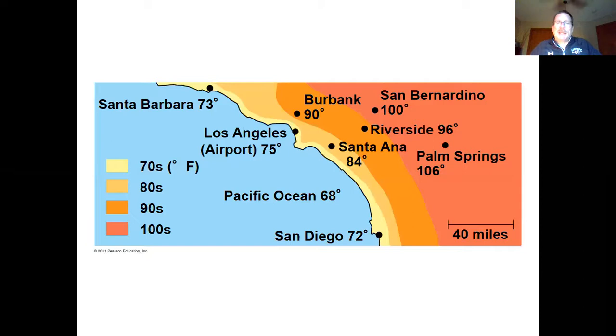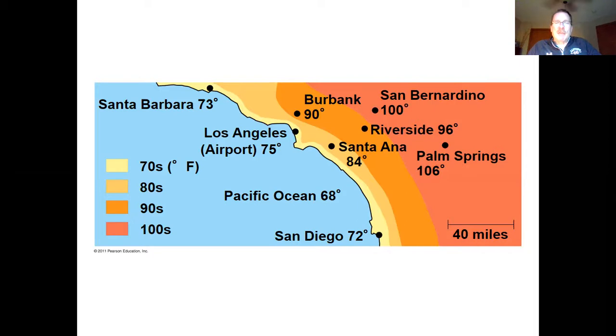Okay. There's an example. You can see the Pacific Ocean and the California coastline. And honestly, everywhere from San Francisco through Los Angeles through San Diego, their temperature's relatively stable. I mean, certainly there's fluctuations, but honestly, relatively stable because of the water.